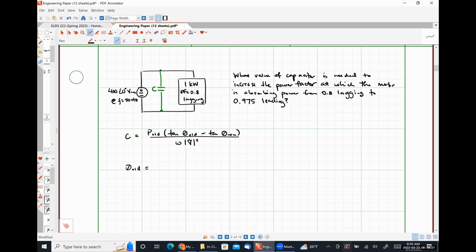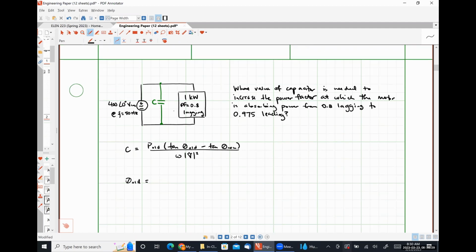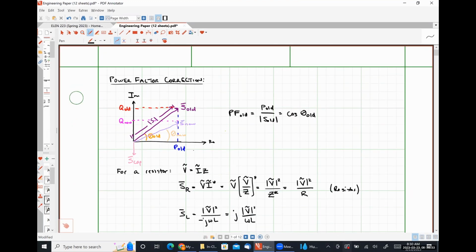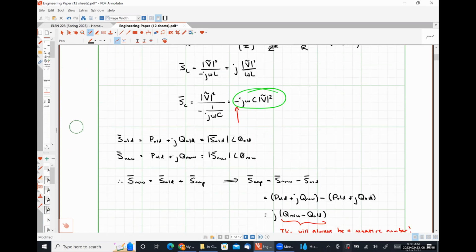Absolutely, it's 100% correct. So we are given PF old, 0.8, and we can use that to find theta old. Let's look at this relationship. Avery is 100% right. PF old is equal to the cosine of theta old. So if we're needing to find theta old, then we do the arc cosine of the power factor.